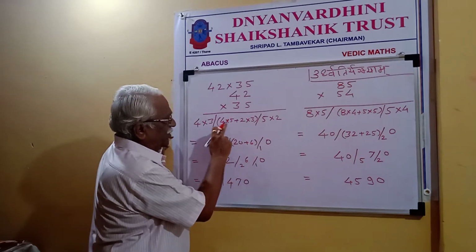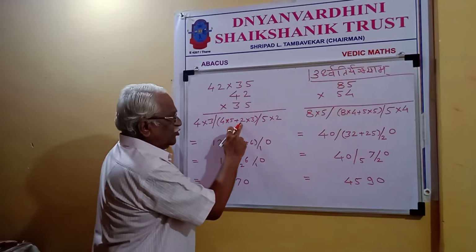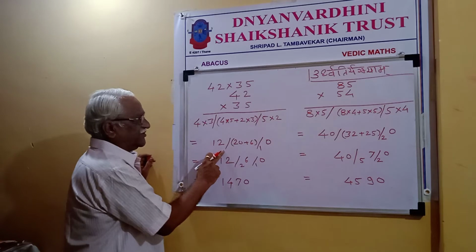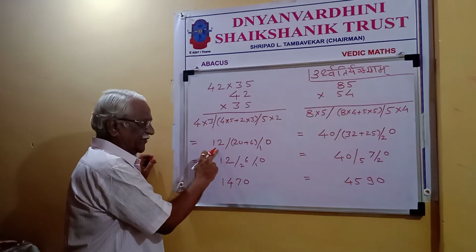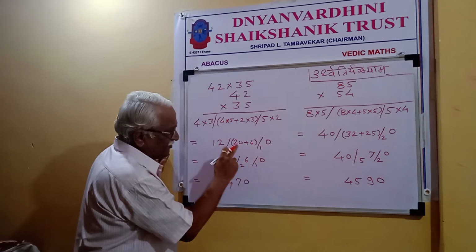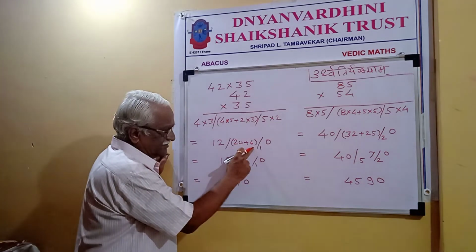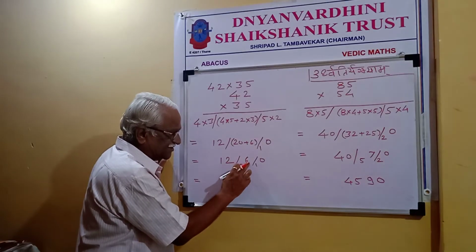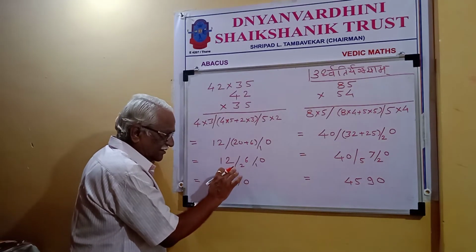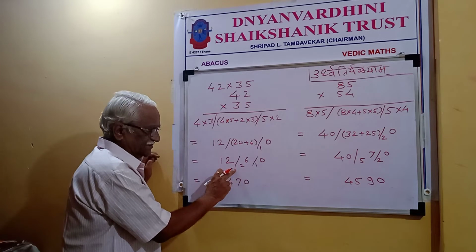Now here 4 into 5 that is 20, 2 into 3 that is 6, and again slash, 4 into 3 that is 12. Here we have written 10 as it is, 20 plus 6 we have to write like this, 6 above and 2 at the bottom of the slash.